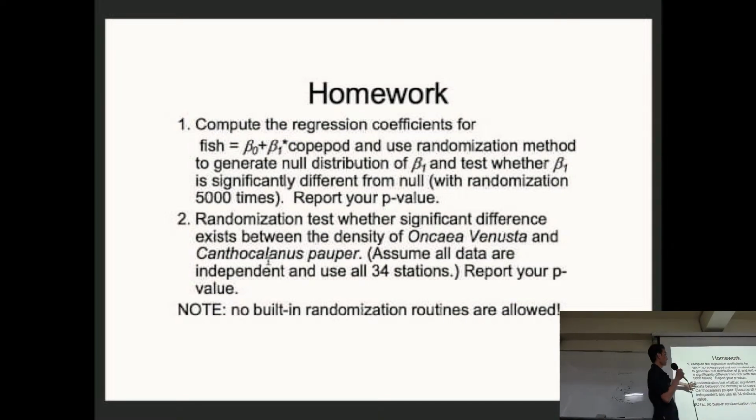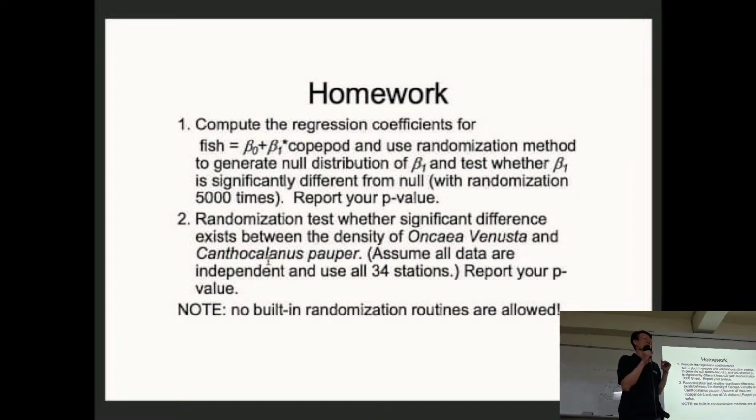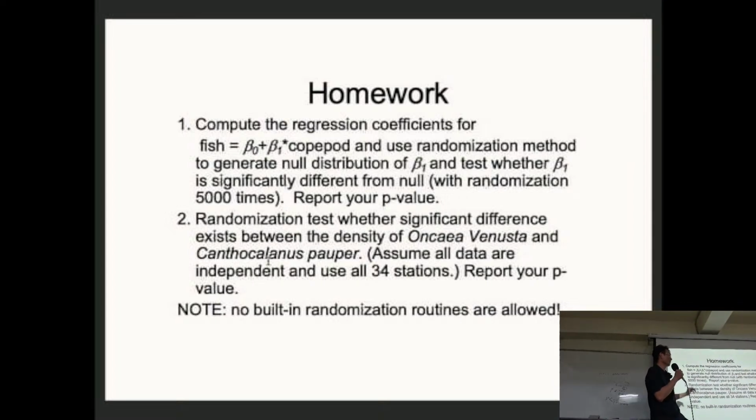And then likewise, for question 2, for the independent two-sample t-test, again, you calculate the difference in mean and then you randomize. Okay, randomize. In this case, when you say randomize, you pool all the data and randomly divide it into two parts, right? And then you can again generate your difference in mean. And then you need to report your p-value. Alright?